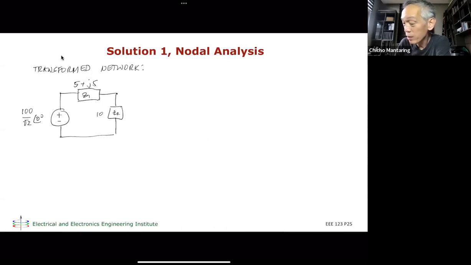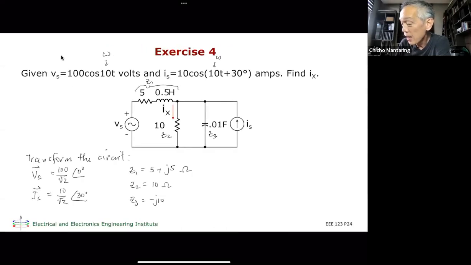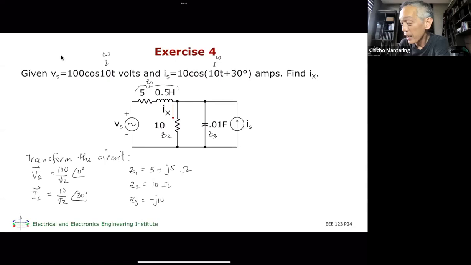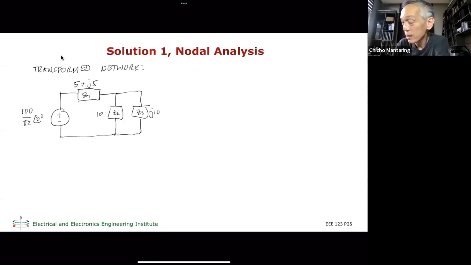These are all in ohms. No? And then Z3 is minus J10. Okay, and then you have your current source. Okay, 10 over the square root of 2 at an angle 30 degrees.